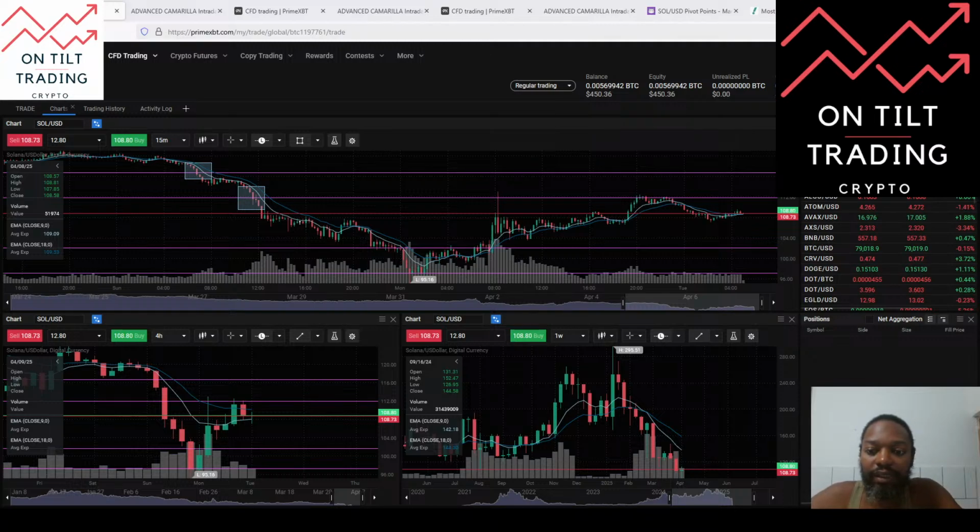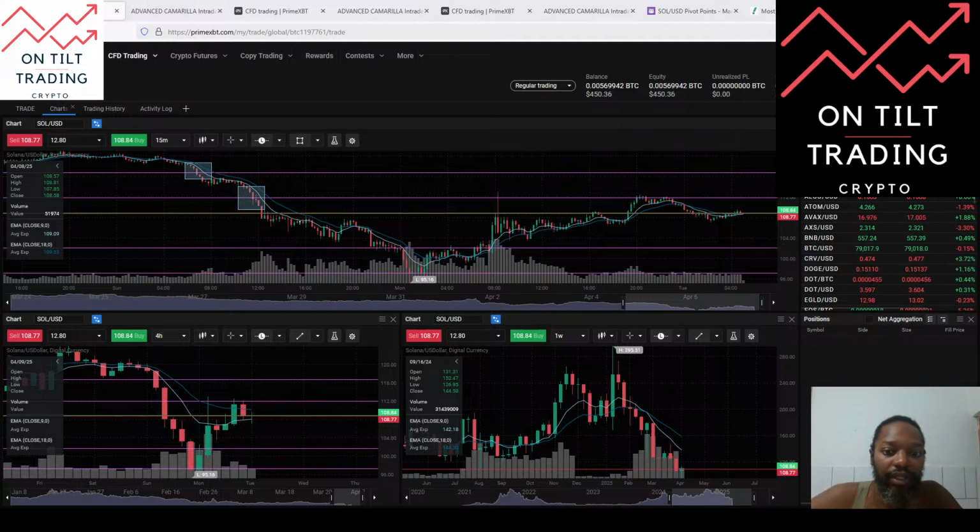So when the 18 is above the 9, or you could say the 9 is below the 18, this would show weakness for me, or a downtrend. You can also see here on the 4-hour chart that the 18 is also above the 9 EMA.